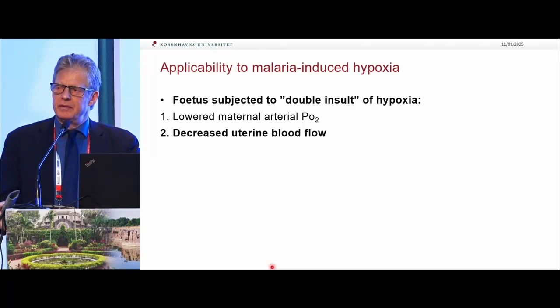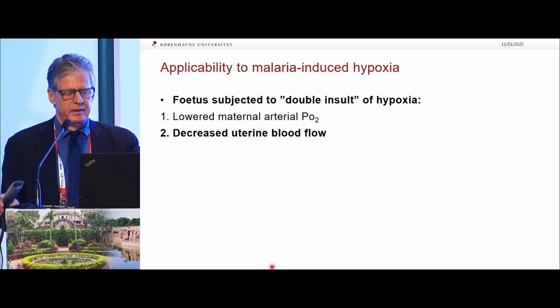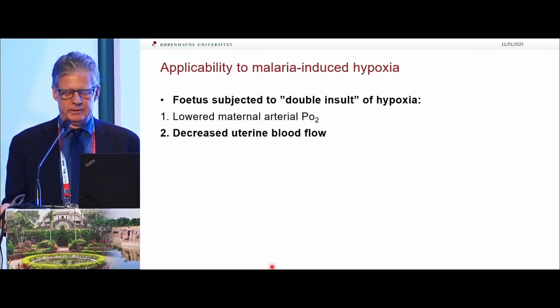But we set out to do a study on the coast of East Africa, which is not high altitude, so they were, at least in theory, only exposed to a decreased uterine blood flow.